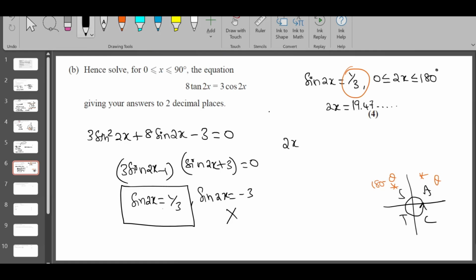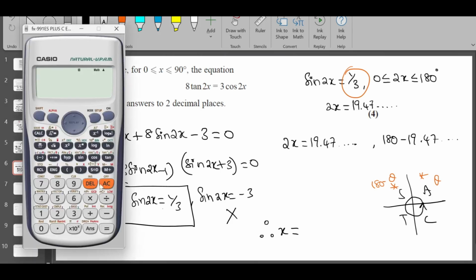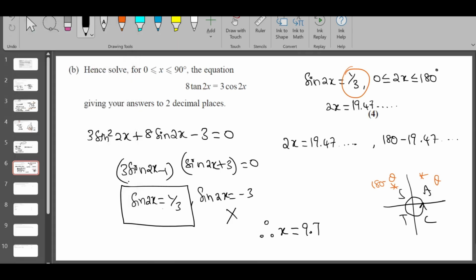So 2x is equal to 19.47, which is theta, and 180 minus theta. Theta is a principal value. Calculate this and divide by 2, round it to 2 decimal places. So therefore x is equal to answer divided by 2, which is 9.74 degrees.